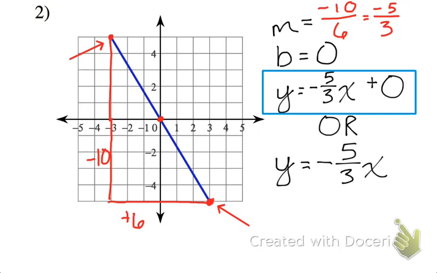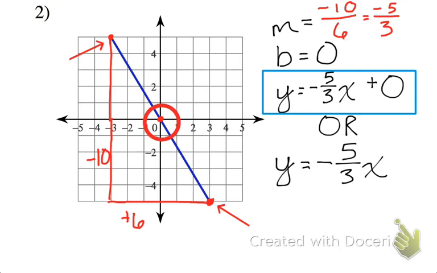All right. What you're going to do today is continue practicing creating an equation if you're given a line. To do that, you need to remember that the two things you need to find are slope and y-intercept. Remember that your y-intercept is the point at which that line crosses the y-axis.